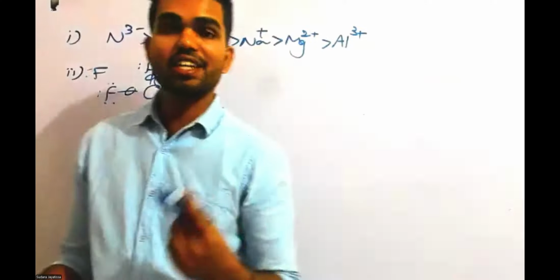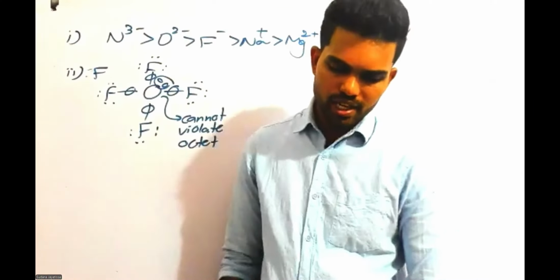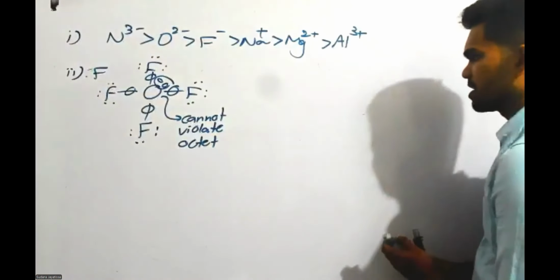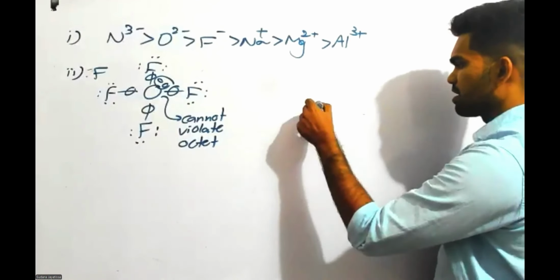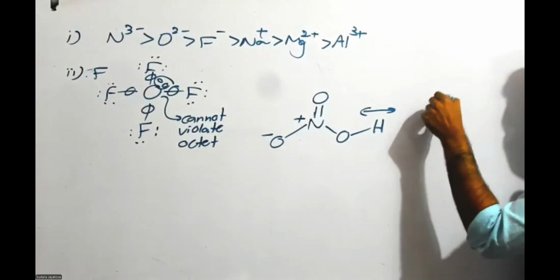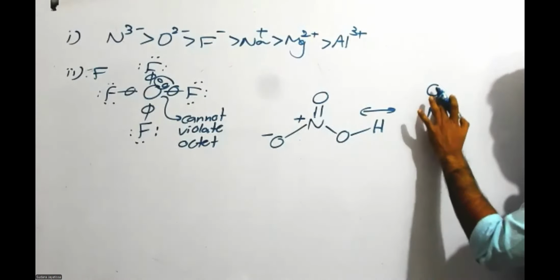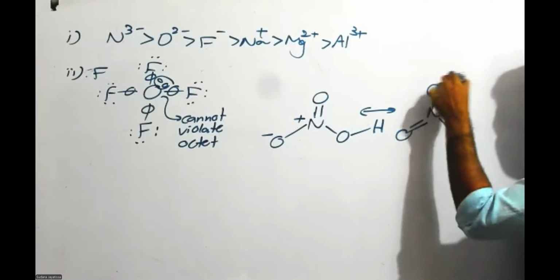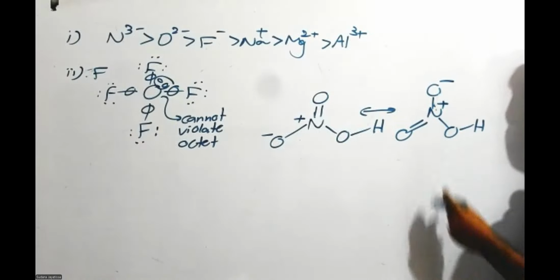And the next one, third one, 3 resonance structures with equal stability can be drawn for nitrate. That is wrong. You can't draw equally stable structures because there will be a double bond resonance structure, and this will be the other one. And both these structures are equally stable.